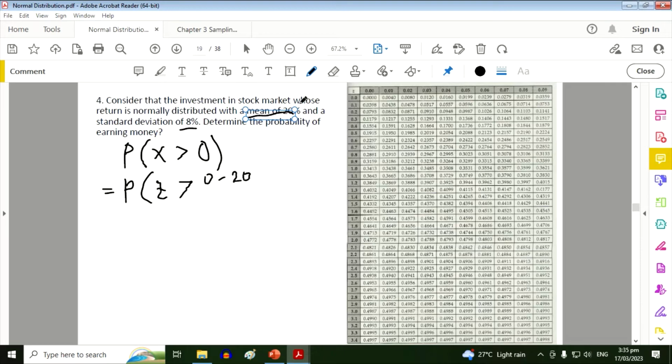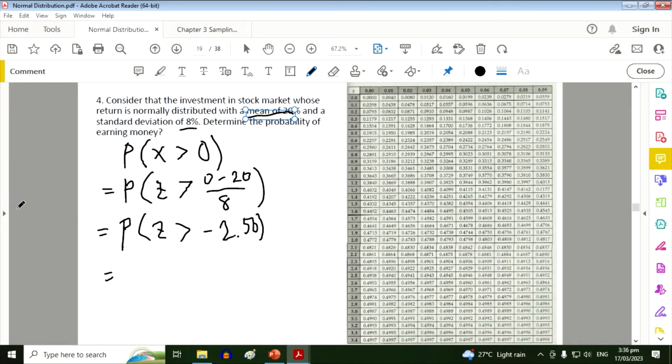The only problem is the unit of the percent. So divided by 8, and we have negative 2.50. Okay, so negative, so greater than.